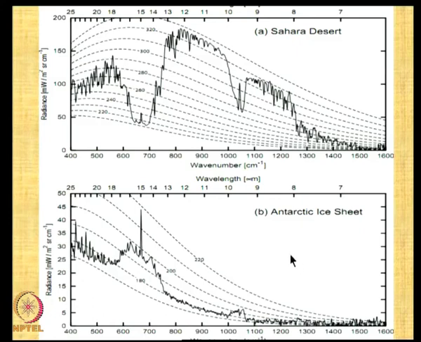Here are more examples of spectra from Antarctic and Sahara, and we are showing this to show the huge difference between Sahara and Antarctic. In the case of Antarctic, there is an inversion near the surface which leads to such a peculiar spectra, and it is very different from the Sahara, where water vapor absorption dominates.